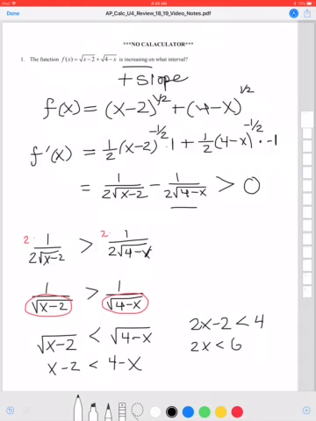Add 2 to both sides. And divide both sides by 2. And we get x is less than 3. Alright, so it's increasing as long as x is less than 3.